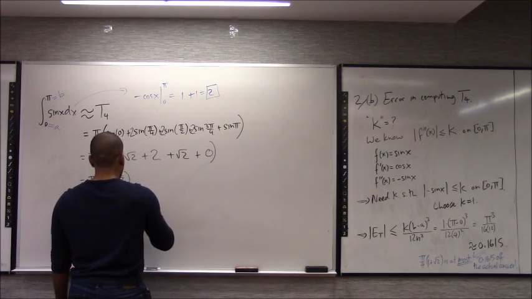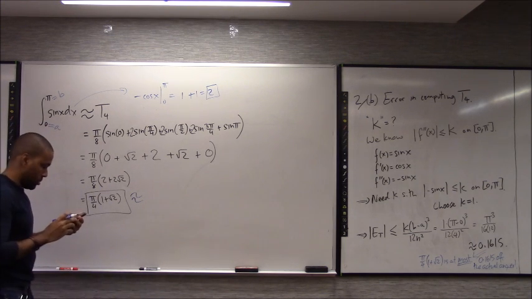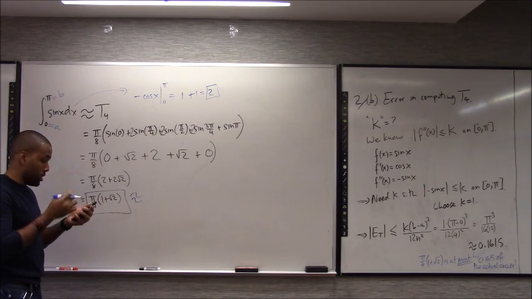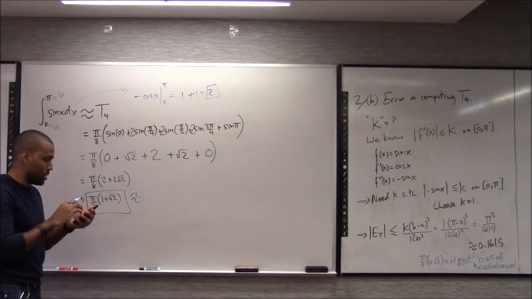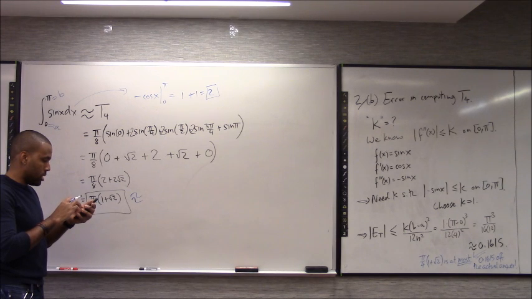If you were to look at what this is, pi divided by 4, I'm just doing this for fun. Like you won't have to actually do it because you're not going to use a calculator anyway. Pi divided by 4 times 1 plus square root 2.